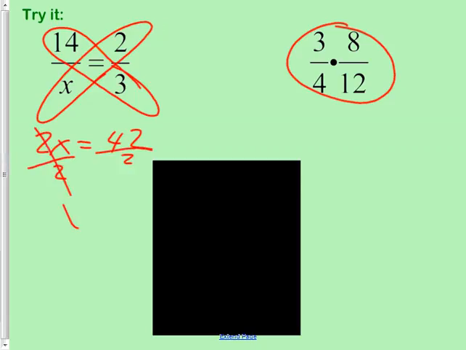And x equals 42 over 2. I have this sneaky suspicion that 2 goes into 42. Does it? 2 times what? I think it's 21. Okay, 2s cancel. Answer's 21. Raise your hand if you had 21. Okay, good. On to the next one.